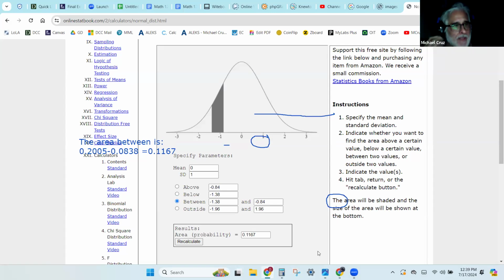All right? That's what's happening with between. So that's why we subtract for that one, because we have to knock off this whole chunk right there, the negative 1.38. That has to come off, and that's why we subtracted it.